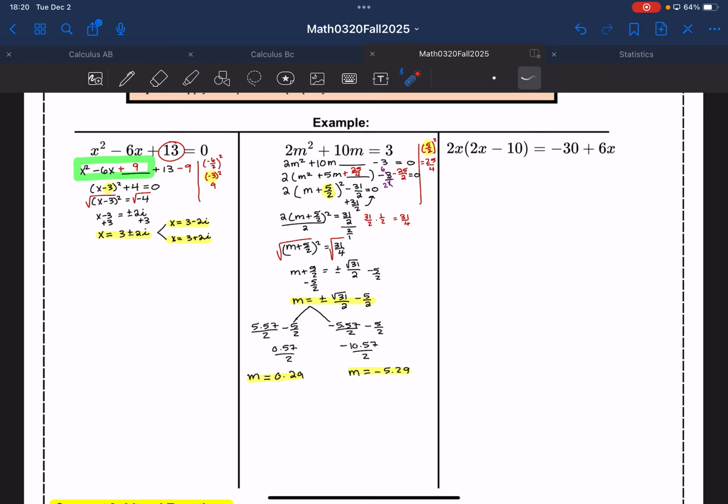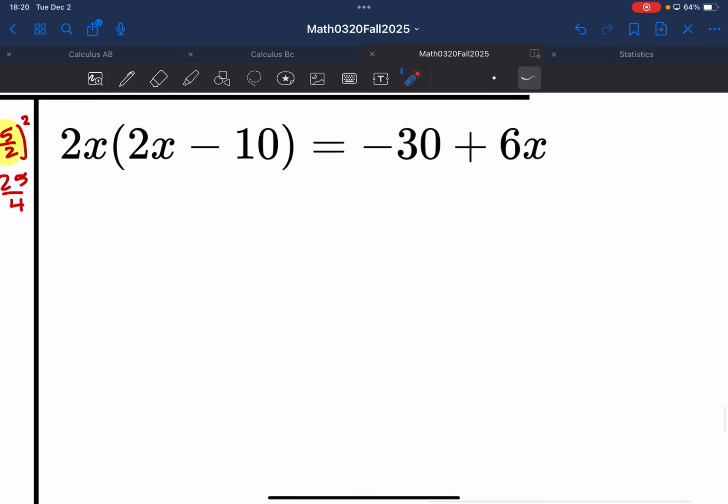Okay, so then we have this example here. And notice this is kind of all over the place. It doesn't look like a quadratic at all. So our first step should be, let's make this look like a quadratic. So our very first step is we need to get this equal to 0.